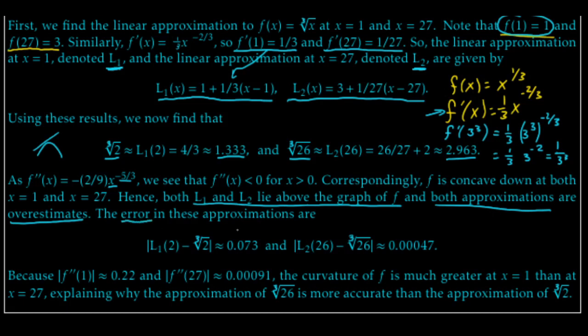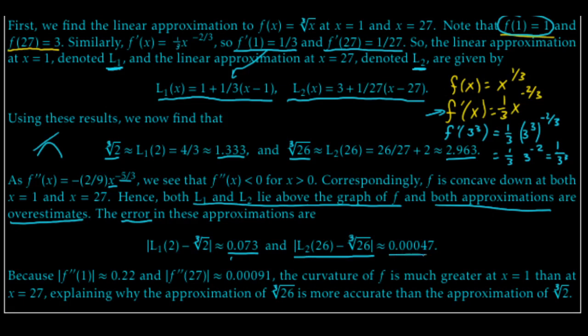Now, if we actually go through and use a calculator, we can find out the error, see how far we really are from the actual value, and we'll see that L1 of 2 minus the actual cube root of 2, we're pretty close. We're about 0.073 away from it. And if we do the same thing with the cube root of 26, we see that the absolute value of L2 of 26 minus the cube root of 26 is about 0.00047.